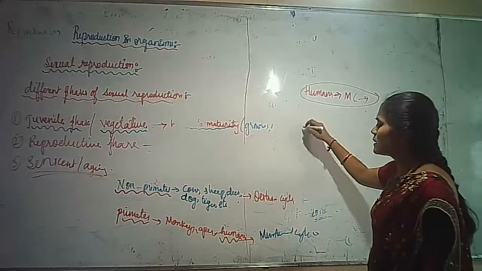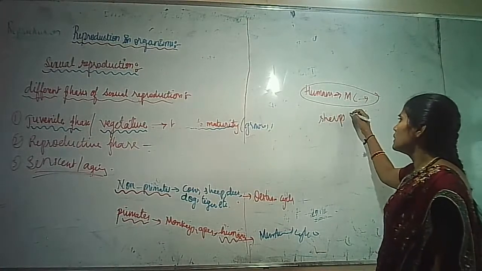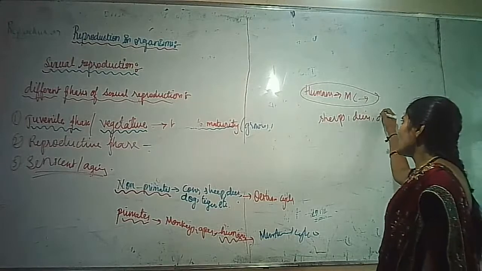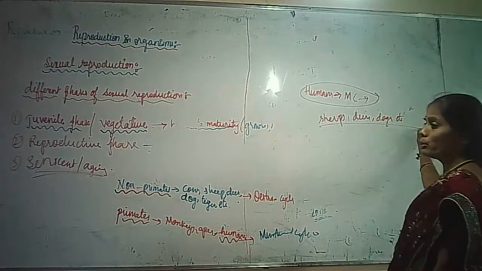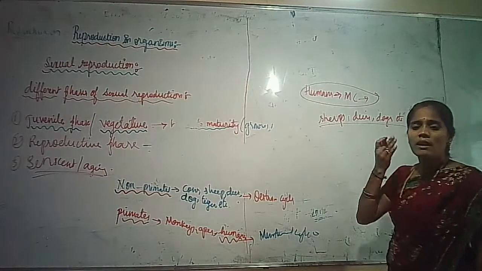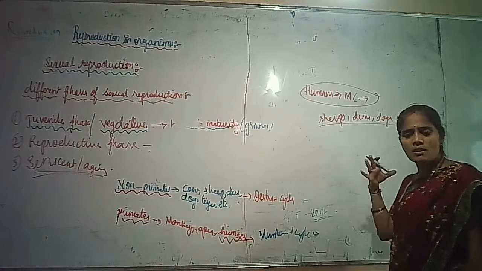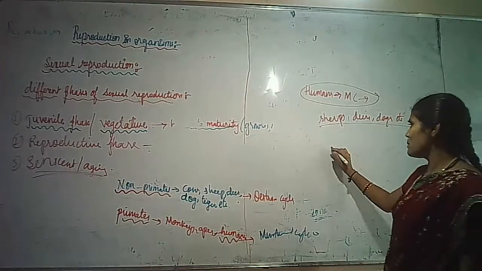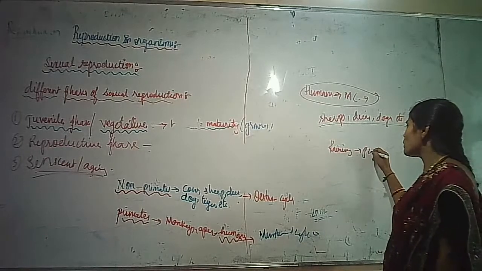But what about some other organisms like sheep, bees, dogs, cats, etc.? What are they going to do? They show reproduction only in a particular season of the year. For example, in the rainy season, you can find so many puppies on the road.